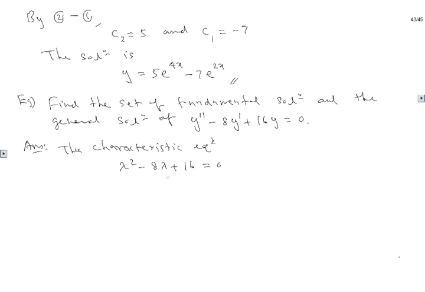This is easy to factor. It is (lambda minus 4) times (lambda minus 4) equals 0. So the solutions are lambda equals 4 and 4. We write it like that just to exaggerate the repeat. So the roots are real and repeated.